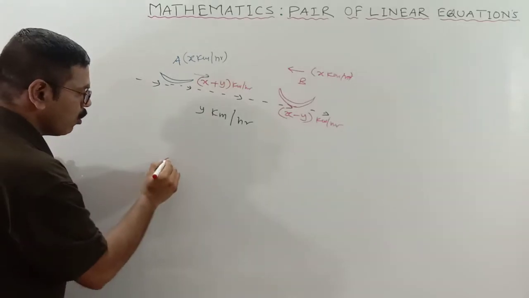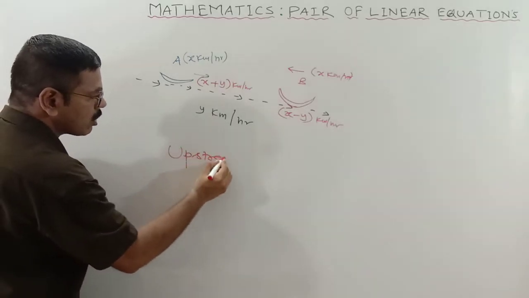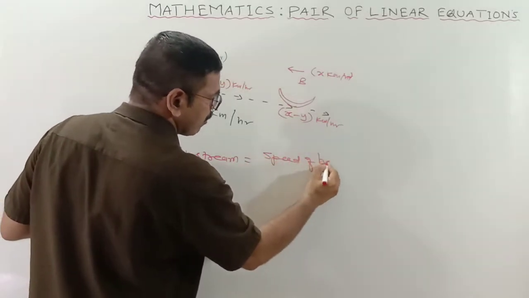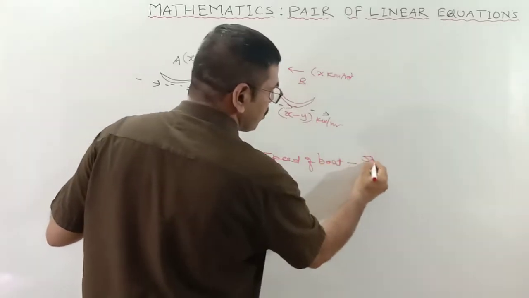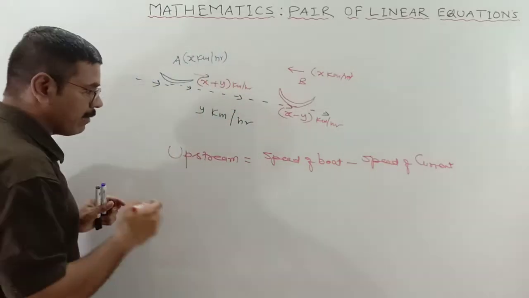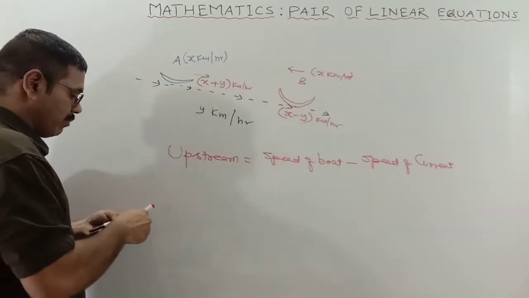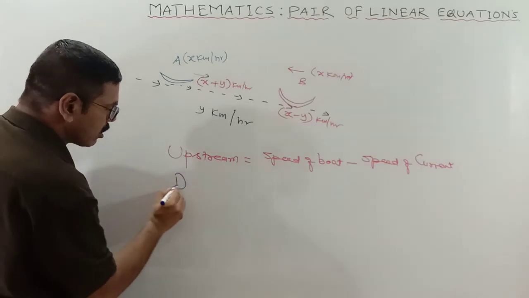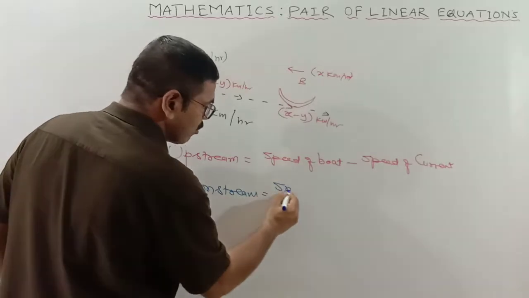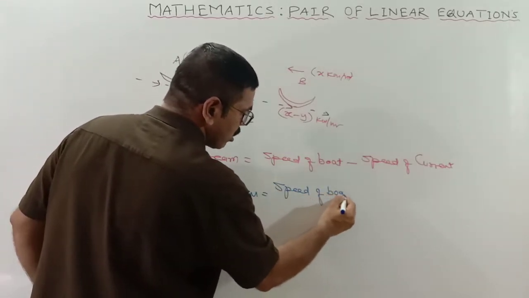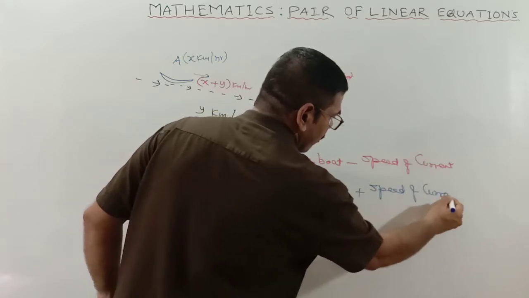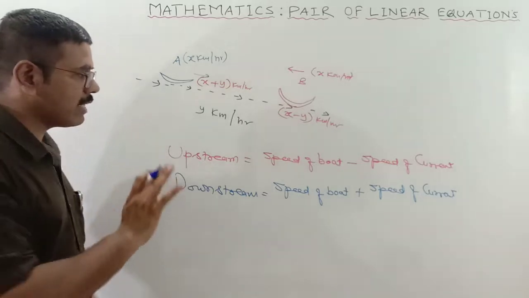Whenever a boat moves upstream, the speed will be speed of boat minus speed of current or stream. Is it clear? And whenever it goes downstream, the speed will be speed of boat plus speed of current. I don't think there is any doubt.